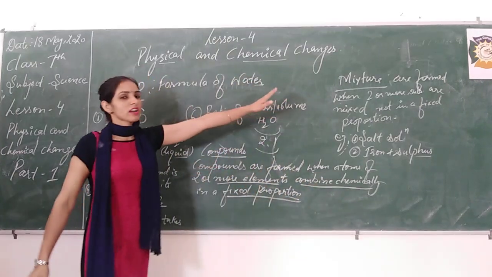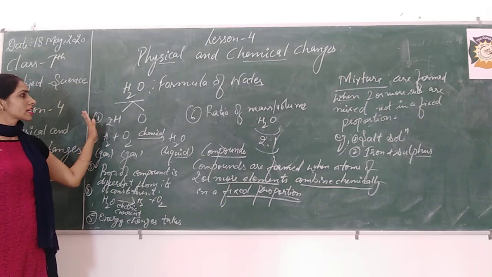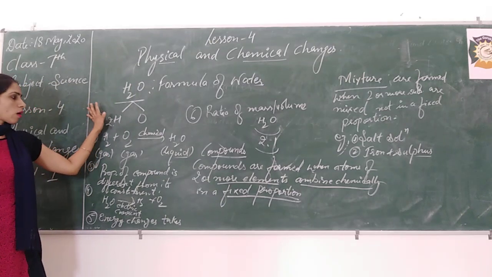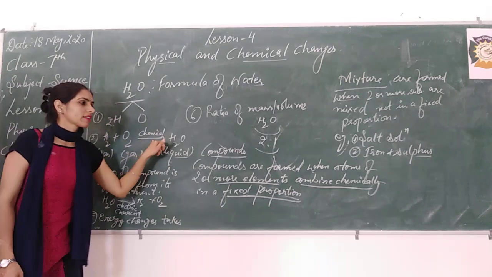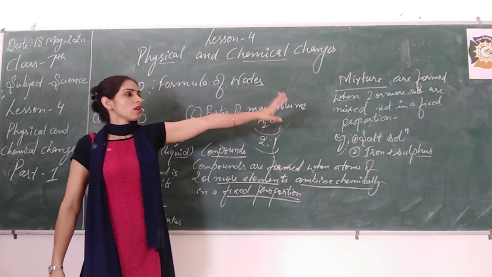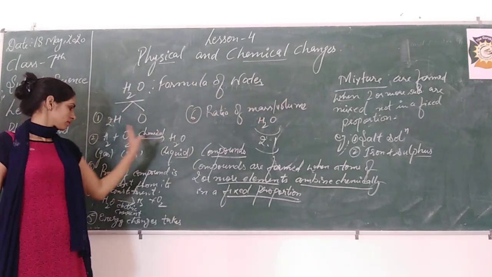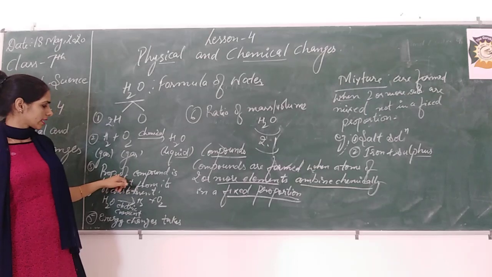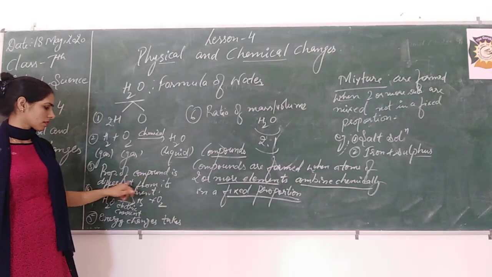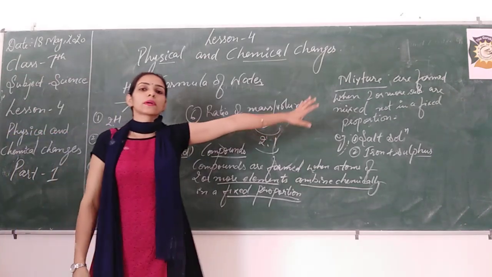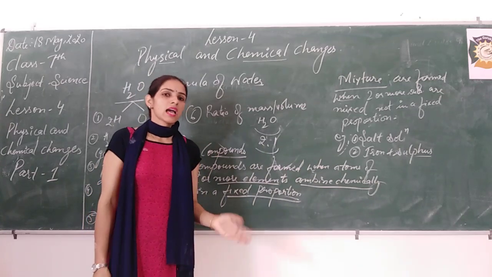So the properties of mixtures will be just opposite to those of compounds. In mixtures, we can combine physically. In compounds, the properties are different. Here, the properties will remain the same.